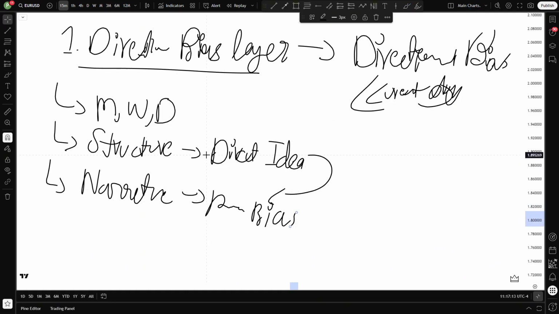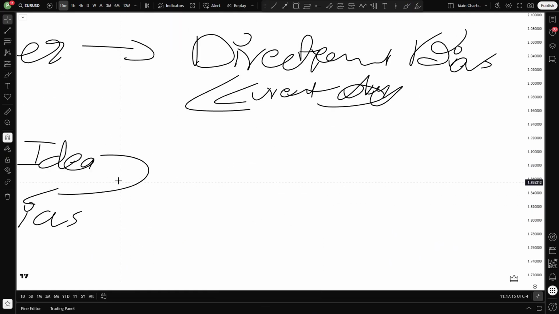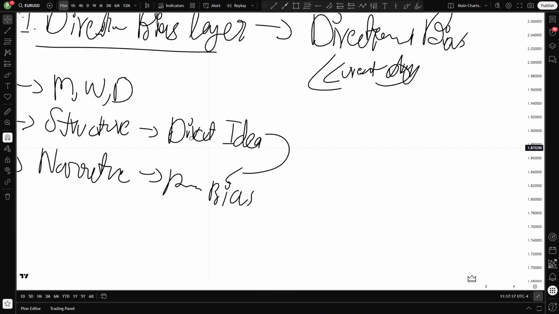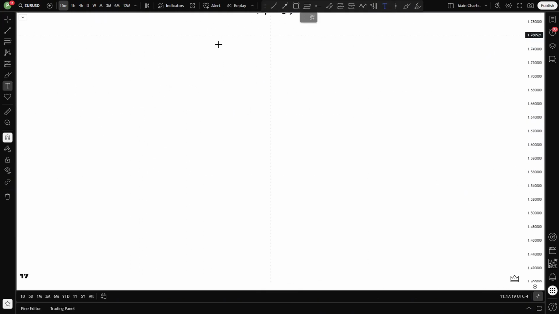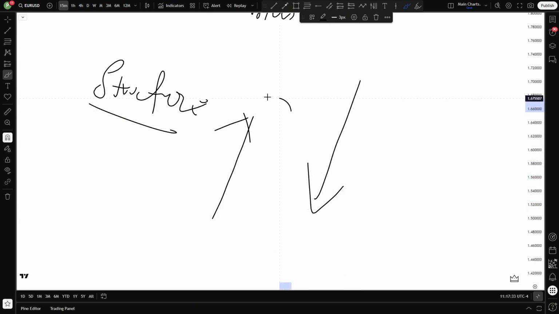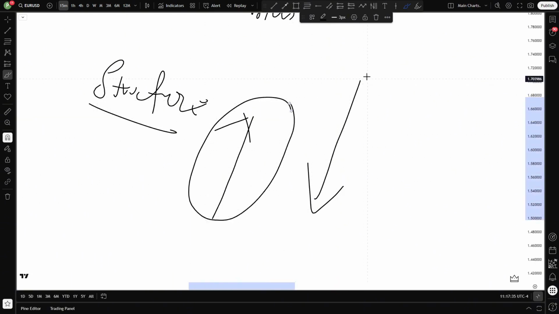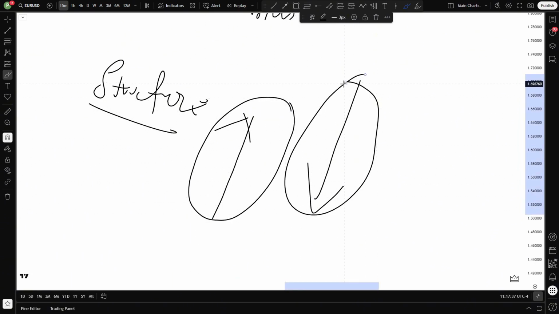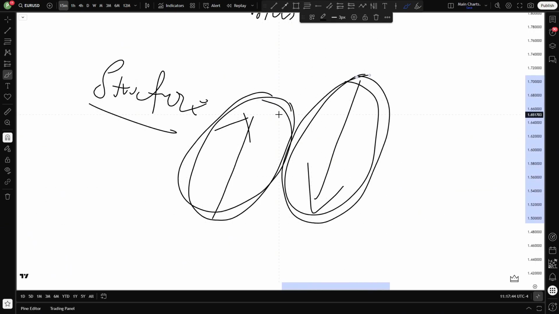Now, what I mean by structure here is, let's first discuss structure. Structure is about figuring out whether the market is going higher or going lower, whether the market is in a bullish trend or a bearish trend, whether we are going to have a bullish range expansion or a bearish range expansion.